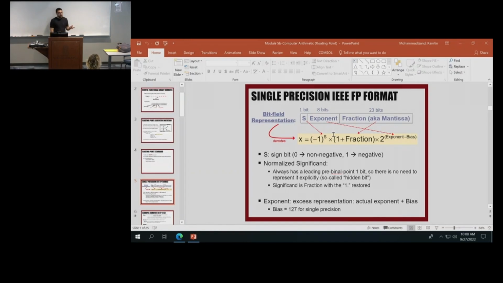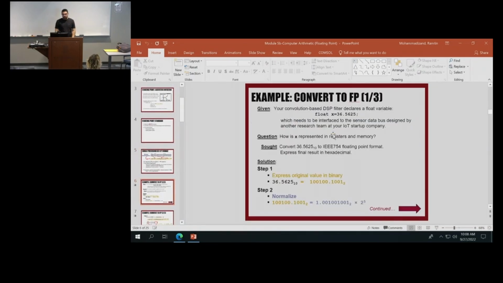It has a sign bit, exponent field, and fraction or mantissa. Then we mentioned the significand, which is 1 point fraction, but because that's known information, we don't use memory space for that 1, and we just assume that it is there. And then we had some examples of the conversion.